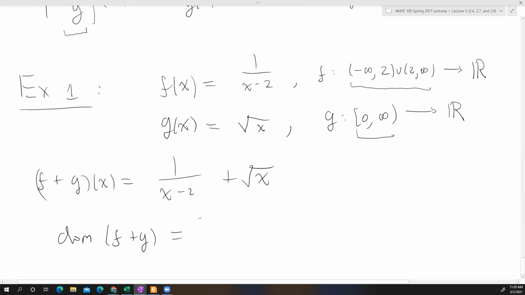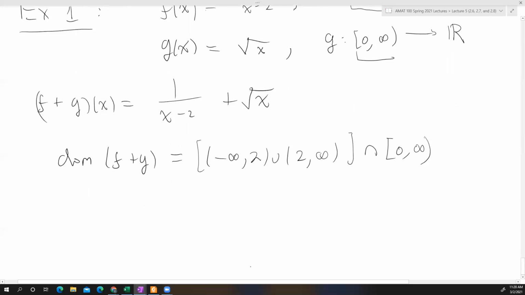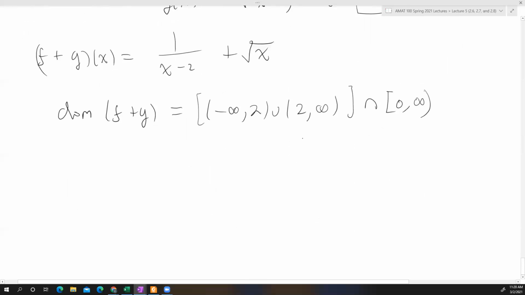So we want to figure out what this intersection is. It's not too hard to figure that out.